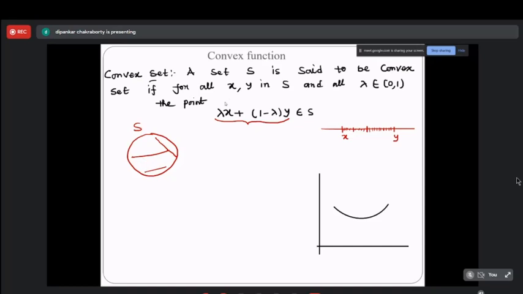then we can say this is a convex set. Now the question is, what type of set will not be a convex set? Very simple. Just consider this set. You may find some points whose line segment belongs to that set. If I take x and y here, then it belongs to that set. But if somebody chooses the points x and y here, does this line segment belong to that set S?